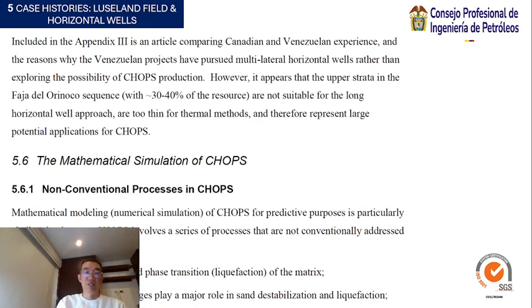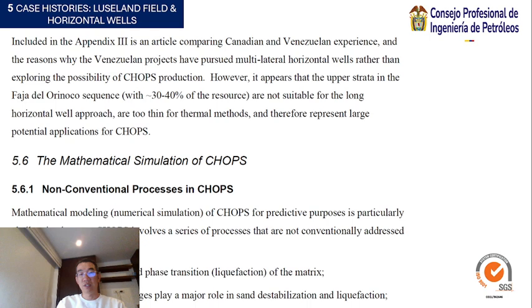5.6 The mathematical simulation of CHOPS. 5.6.1 Non-conventional processes in CHOPS. Mathematical modeling, numerical simulation.